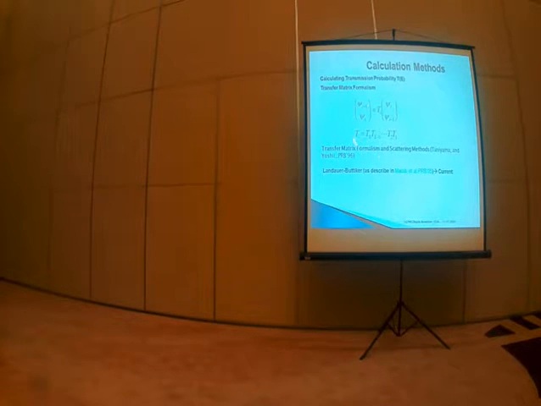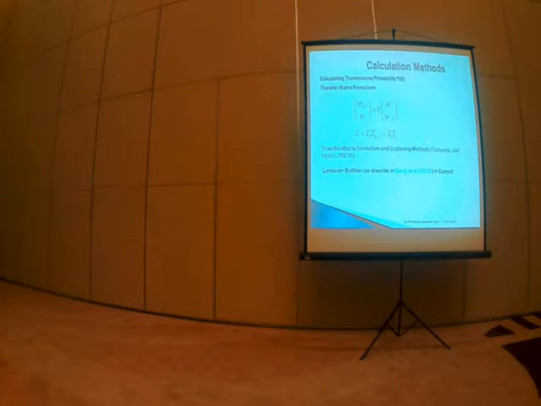From this calculation, we can get the transmission probability. In doing the calculation, we employ the transfer matrix and scattering matrix methods simultaneously, because if we use only the transfer matrix method, the calculation is not numerically stable.